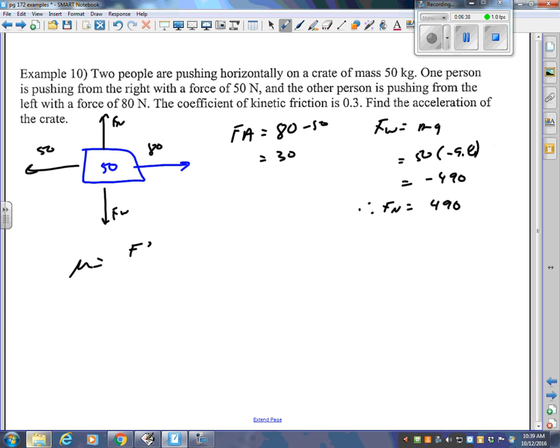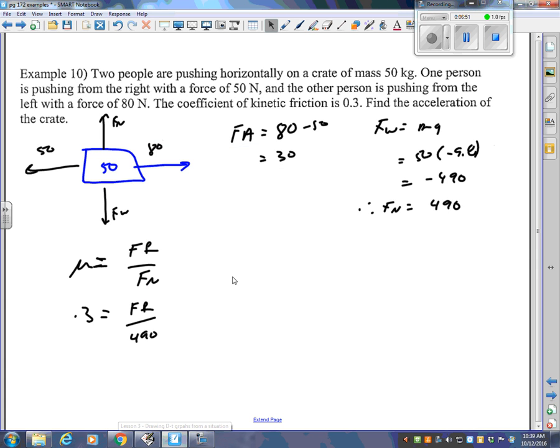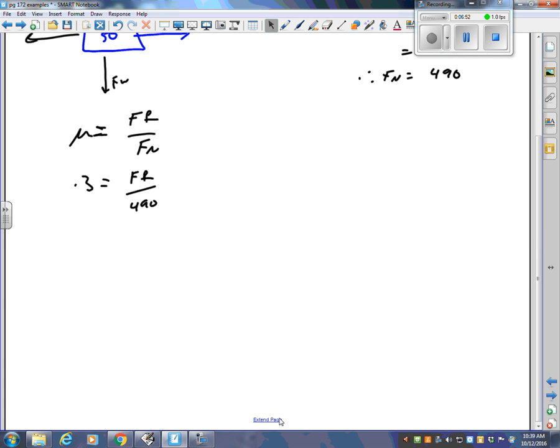Mu equals Ff over Fn. The mu value is 0.3. Solving for friction, normal force is 490. Oh, I think I just started up another. Yeah, I did. Friction force, 0.3 times 490. Someone help me out here. 147? Yeah.